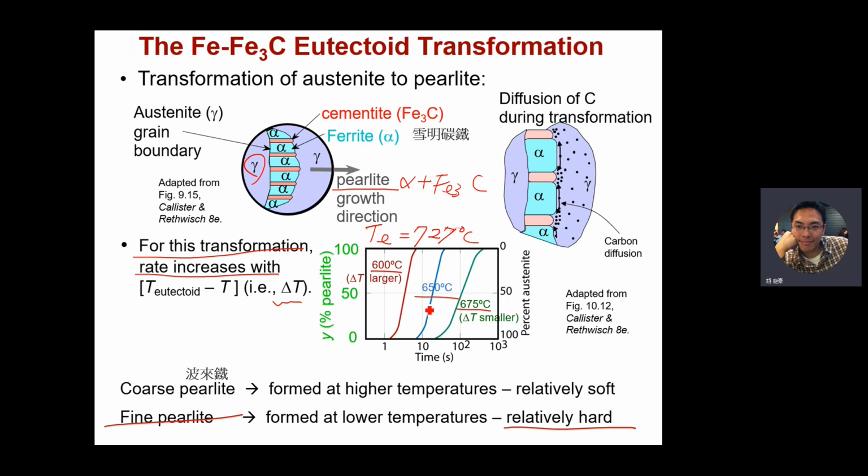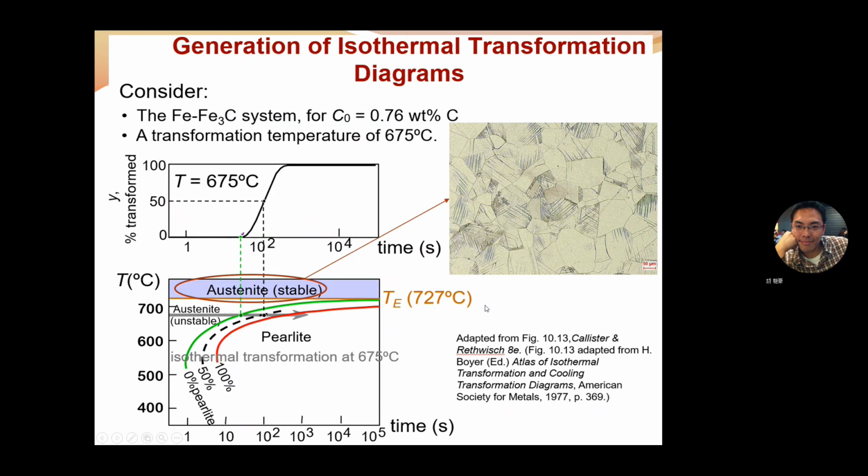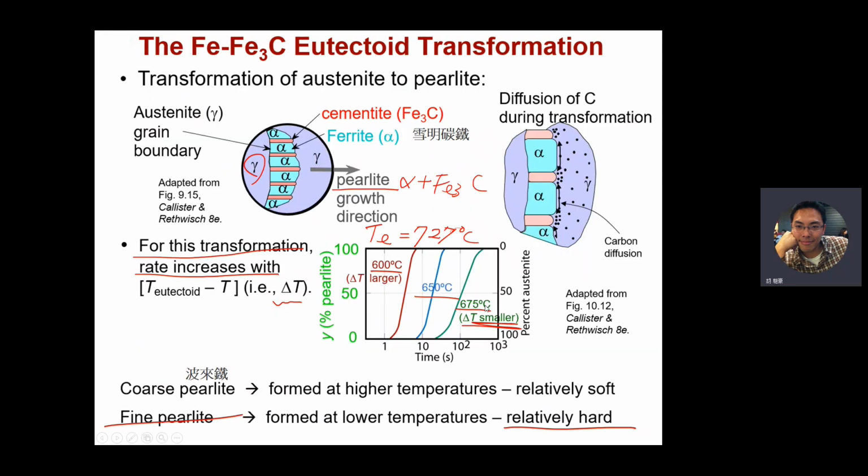Therefore, for the smaller delta T, the transformation rate is slow, because it needs more time. You need more time for phase transformation. I will explain this next. We already know the transformation rate is the reciprocal of the time for 50% of the transformation.